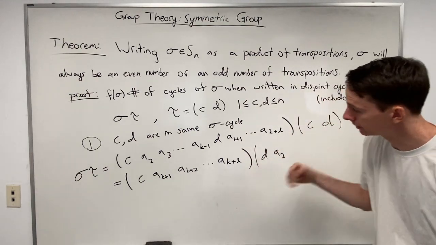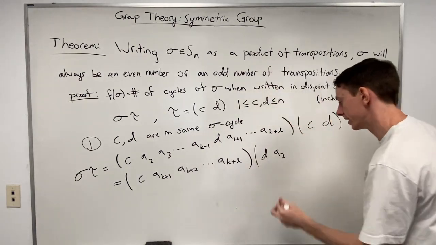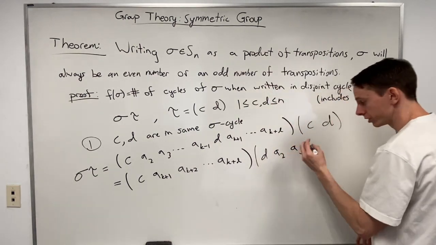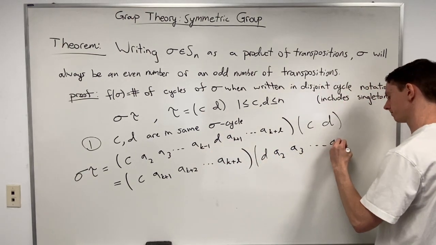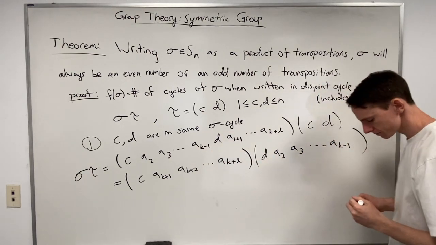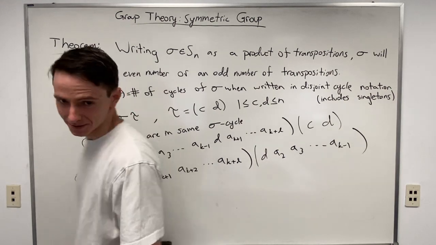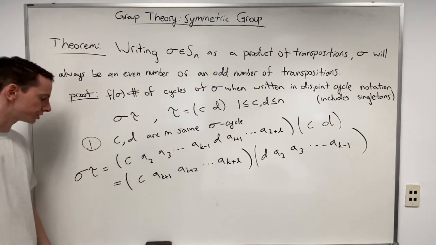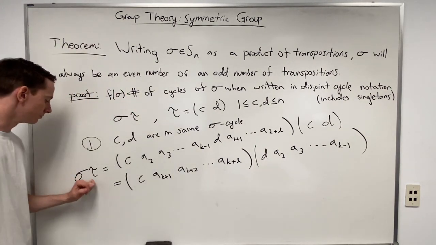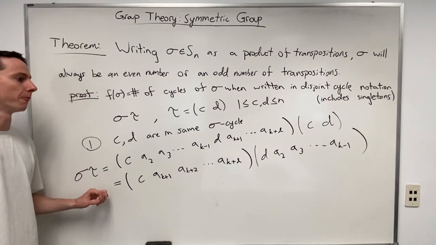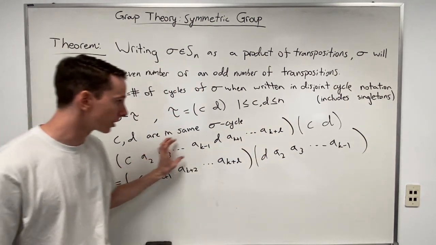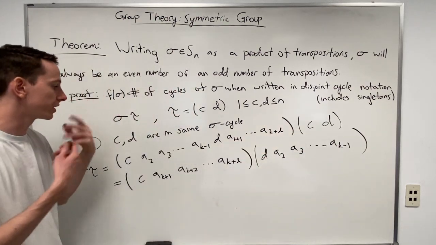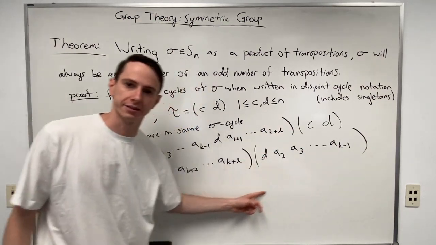And then the same ideas we had right here: A2 goes to A3, A3 goes to A4. This is going to continue all the way up through A sub k minus 1. So what we've essentially done is taken this permutation, sigma tau, written it like this, and then transformed it so it is like this.